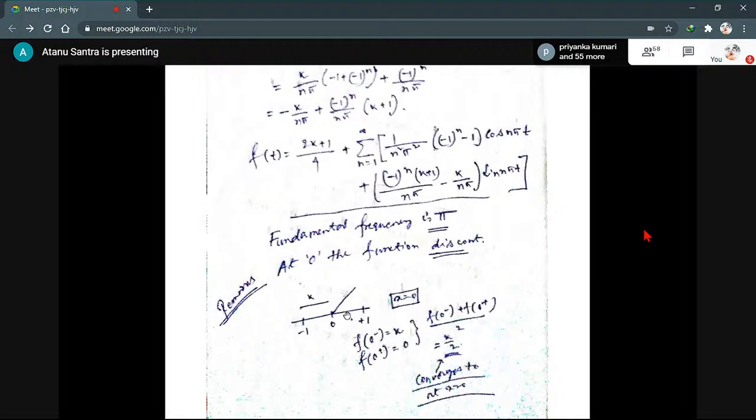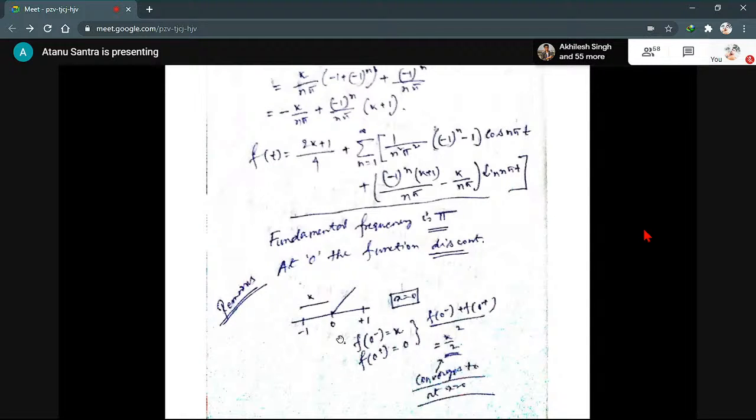And similarly, at the point of discontinuity, I mean here the discontinuous point is t equal to 0, right? Yes. So at which value will the function converge at the point t equal to 0, the point of discontinuity?